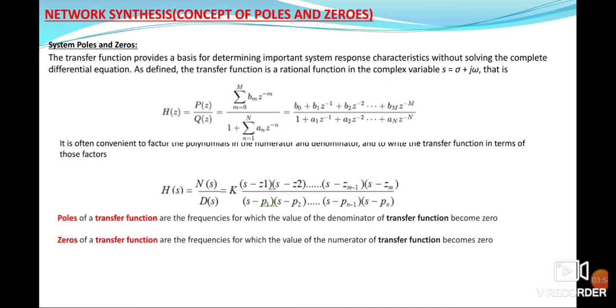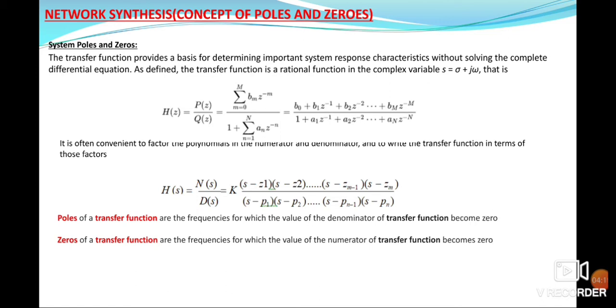Now, for calculating the poles of a transfer function, we substitute in the denominator s minus p1 equals 0. That is, we will get s equals p1.